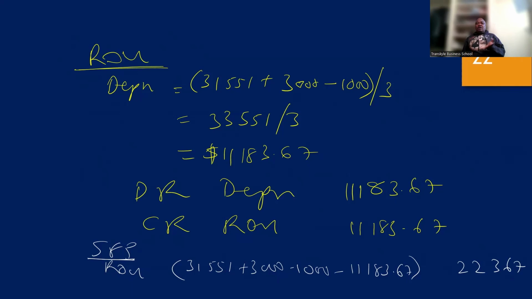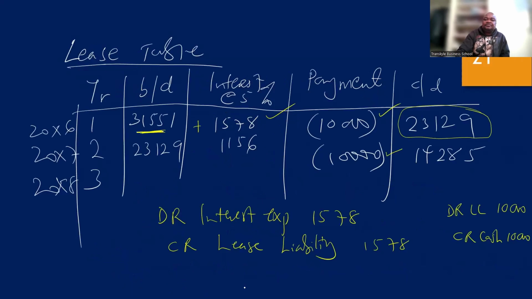That's our ROU. What about the lease liability? The lease liability, we have already determined it. This is the lease liability at the end of the year, 23,129.